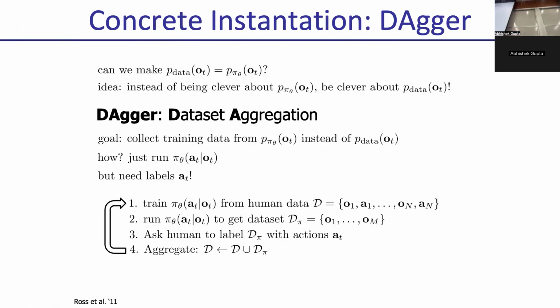And so if you remember graphically, like we said, this was our optimal trajectory. We deviated from it, right? What Dagger is going to do is go to all of these states and provide a label, right? You're going to add those labels back into your training data set, and you're going to repeat.